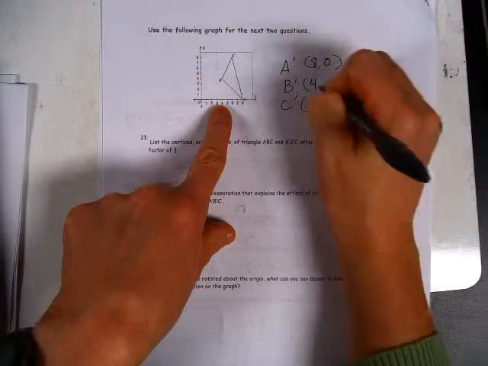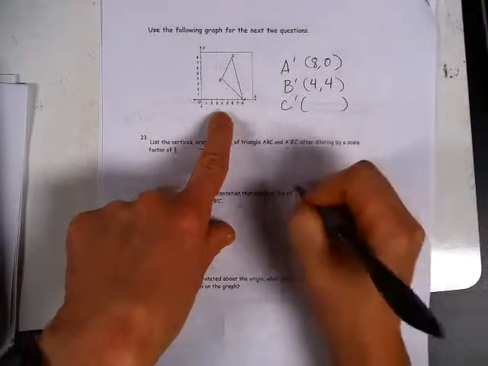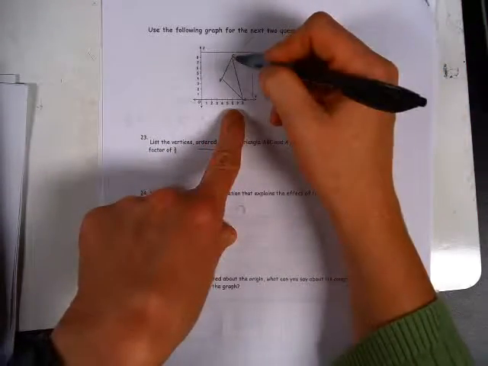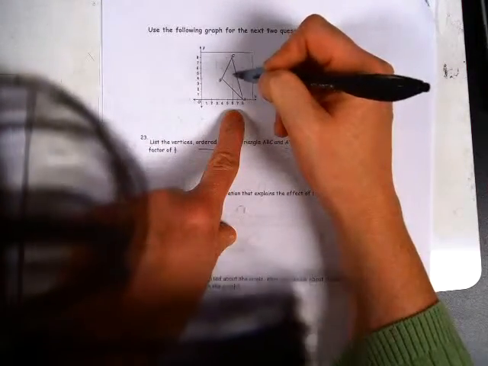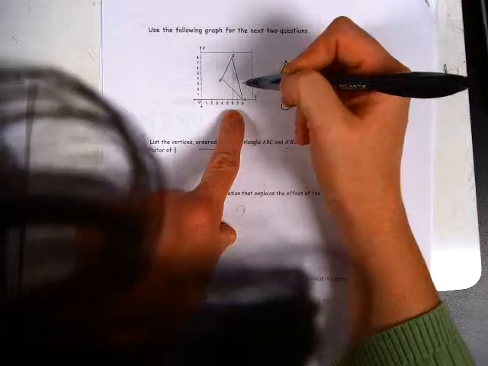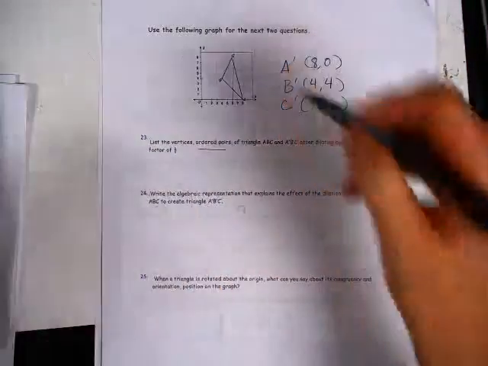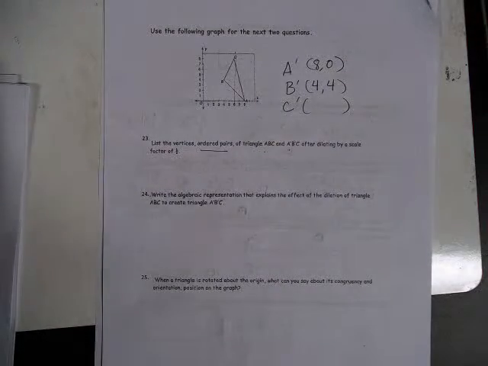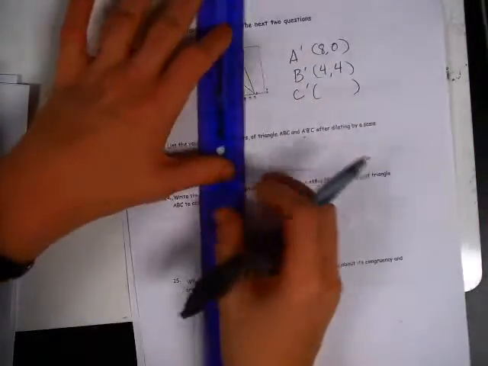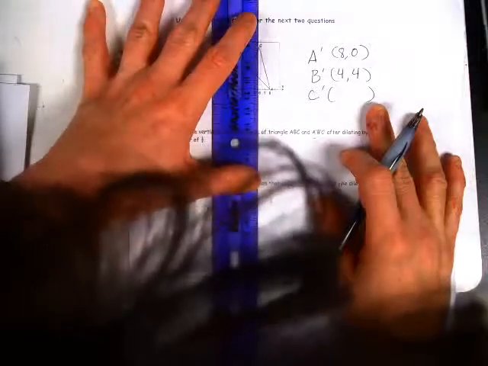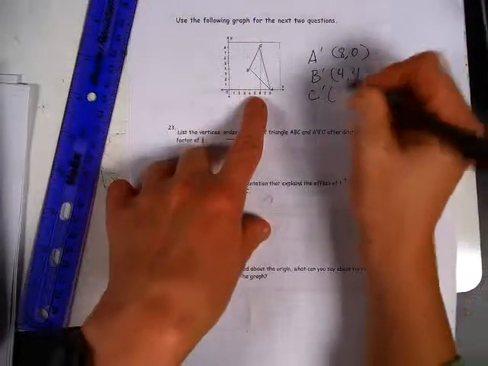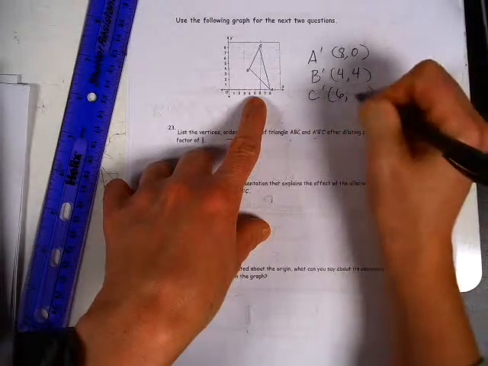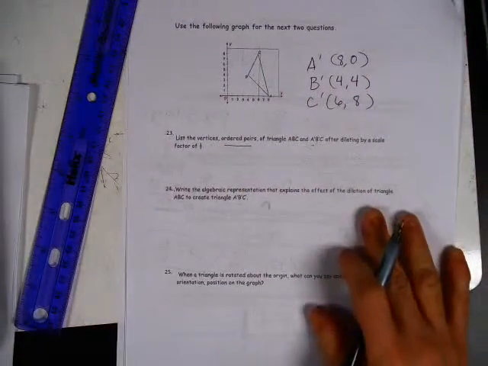B is at 4, 4. C is kind of hard to see. Not my best copy. But I think it is at 6, 8. Okay, so those are your points.